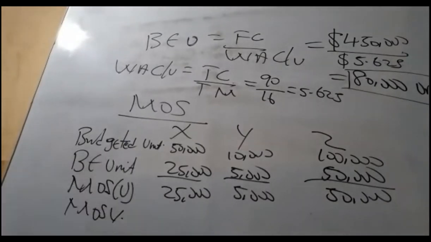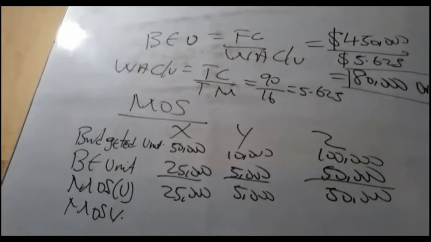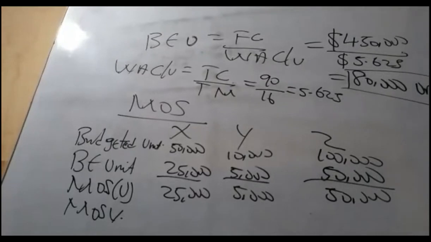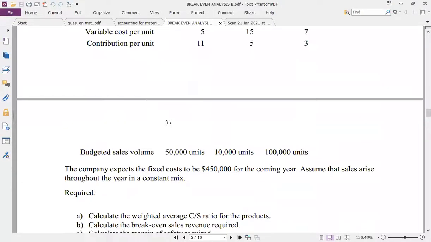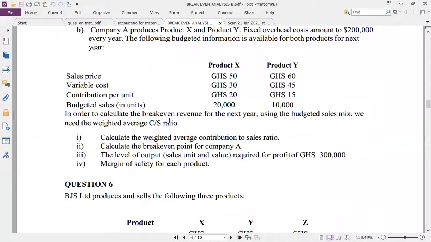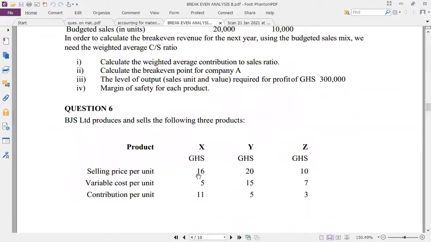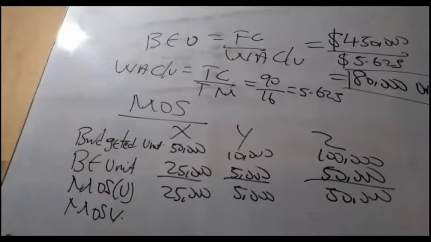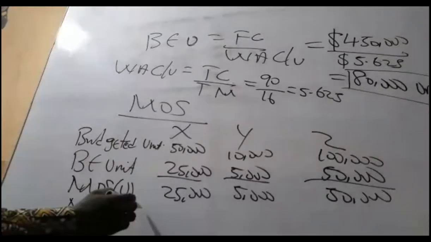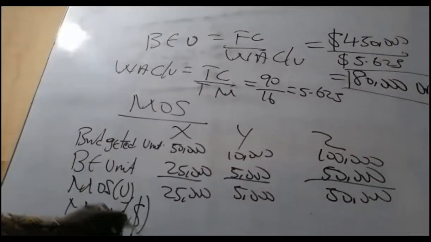You multiply this one by the selling price. And here I'll provide an alternative: pick the individual selling prices and multiply by them. The selling prices are 16, 20, and 10. So 25,000 times 16. Any answer in value is in dollars.